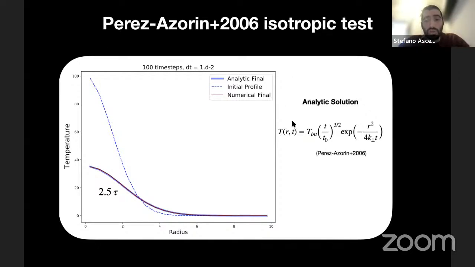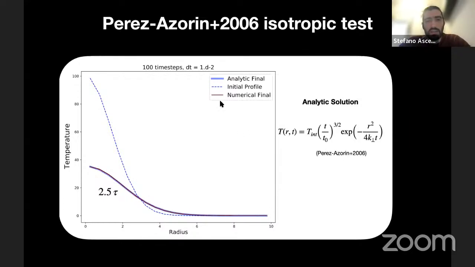The analytic solution is known even in presence of the magnetic field, but we want to start with the case where the magnetic field is zero, so we want to observe an isotropic heat diffusion. And so we have this ball of homogeneous material, and we choose an initial analytical profile, which is a radial profile, which basically has a Gaussian-like shape.